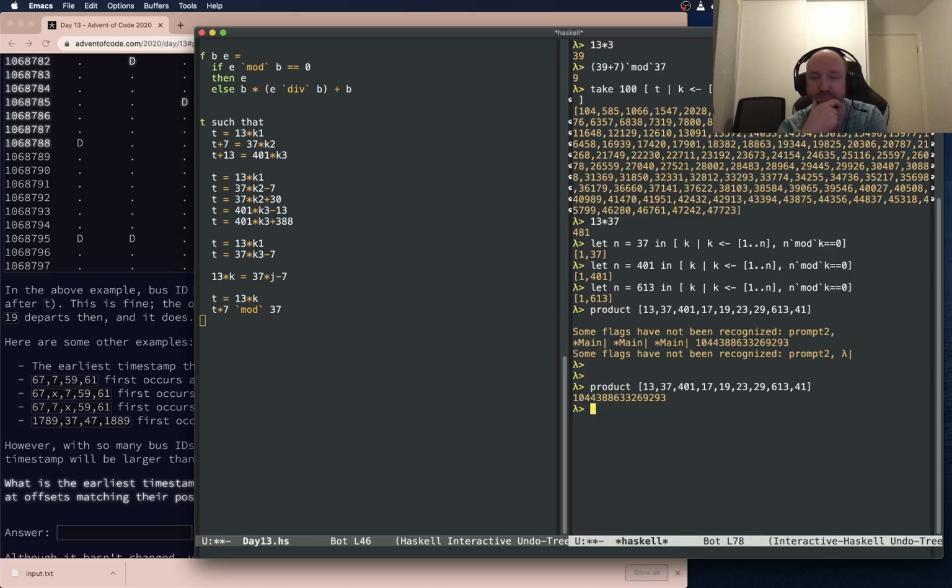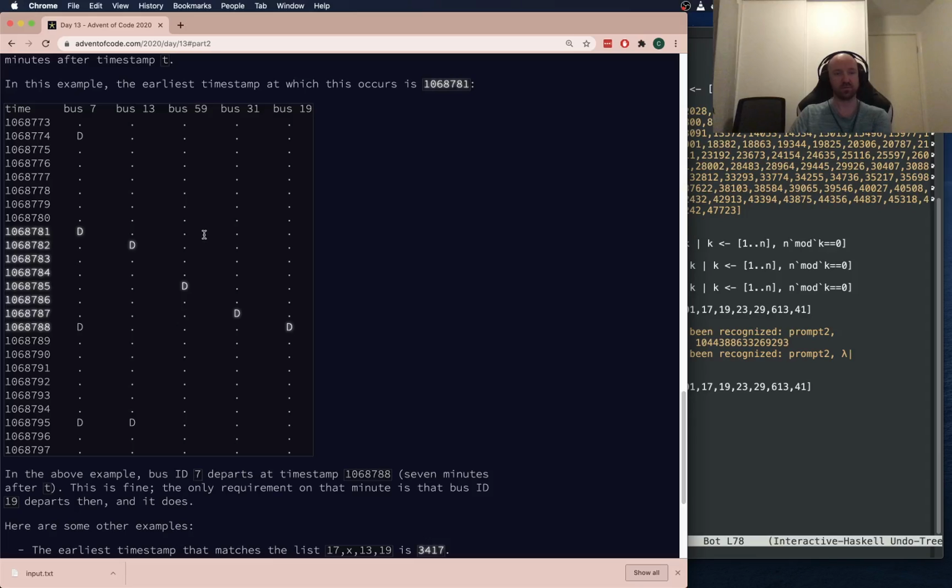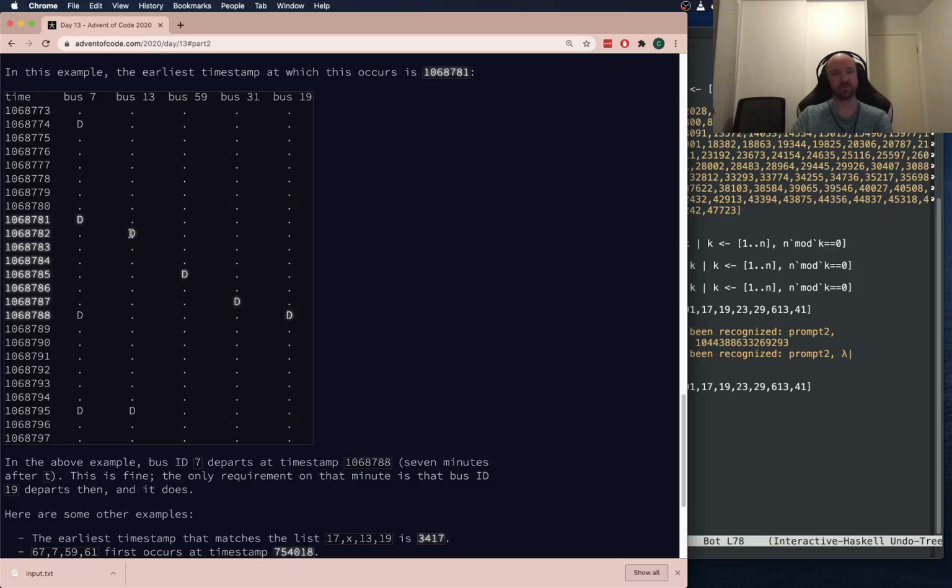So let's think about this. As you see in the picture, they're all spaced out like this, but there's a pattern between them. If you look at the relative offset of this one to this one, it goes from there to there, and it's going to repeat.